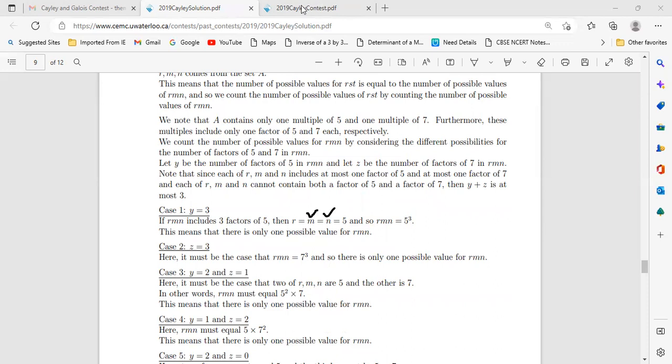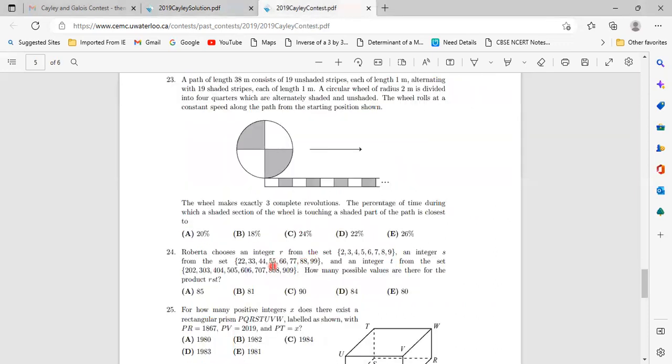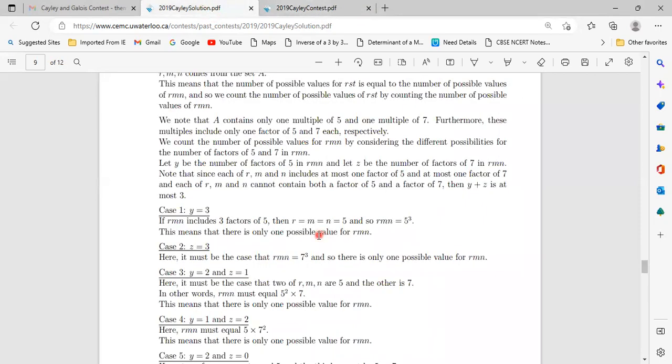So if you choose a number with a multiple of 5, it's like 55, right? Like 55 from the set S. And what about the set T? 505 from the set. Exactly. So now we do have three factors, which is 5, 5, 5. So if you find their product, it's going to be 5 cubed.